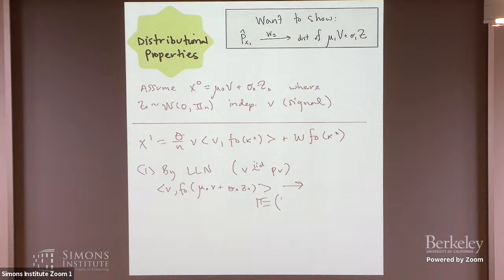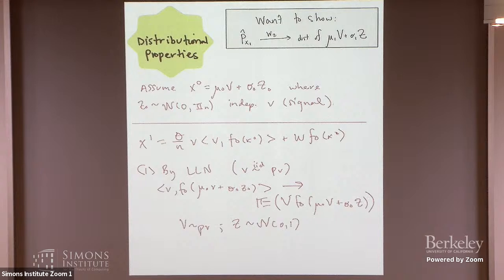converges to an expectation, so an expectation of V f0(mu0 V plus ...), where V is a random variable distributed as P_V.